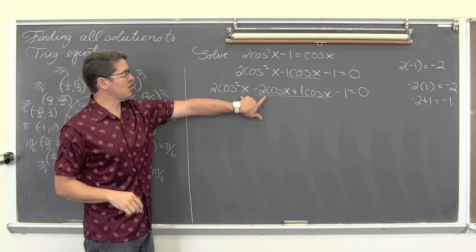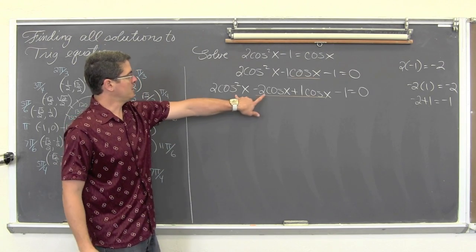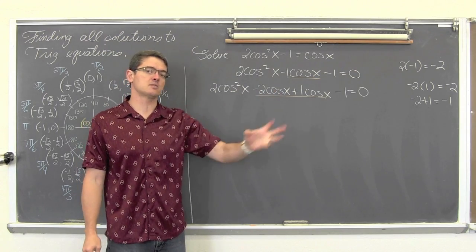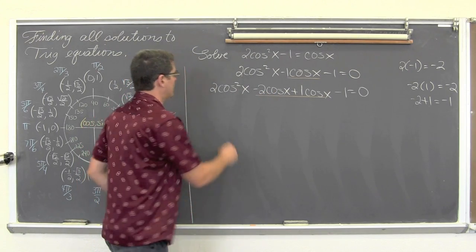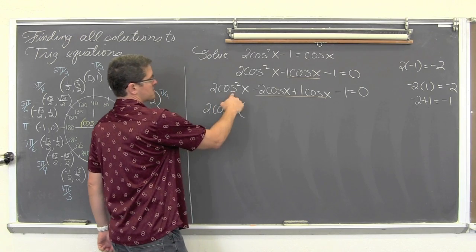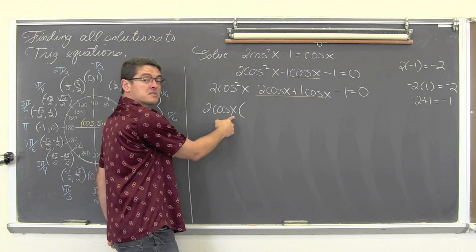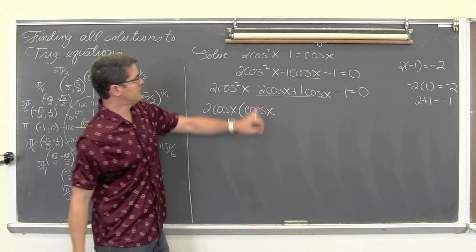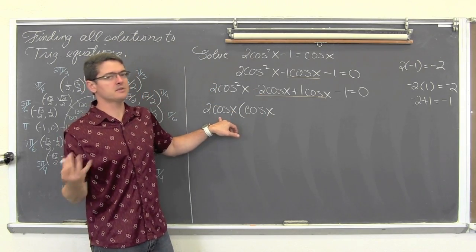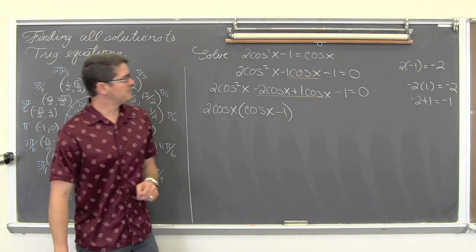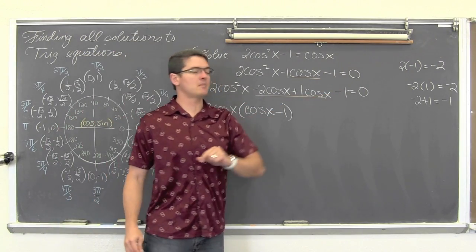Now in these first 2 terms, I'm going to factor by grouping. They both have a factor of 2 and they both have a factor of cosine. So I'm going to pull that 2 cosine x out. 2 cosine squared x divided by 2 cosine x is cosine x. And then negative 2 cosine divided by 2 cosine is, of course, negative 1. In these last 2 terms, I have cosine x minus 1.